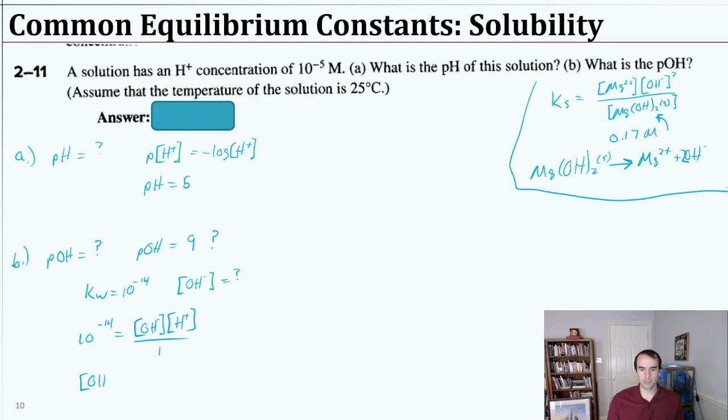So the OH minus is equal to 10 to the minus 14 divided by 10 to the minus 5. And if you remember from the log rules, when you divide like this, you can essentially take 5 away from the 14, and this is equal to 10 to the minus 9th. So like I suspected earlier, this means that pOH is equal to 9.